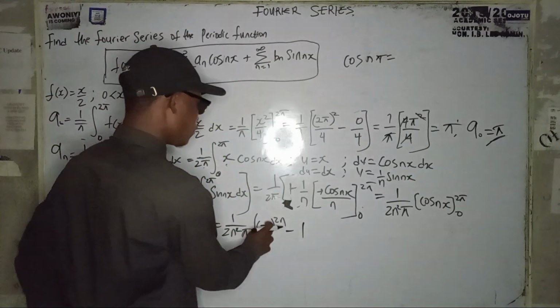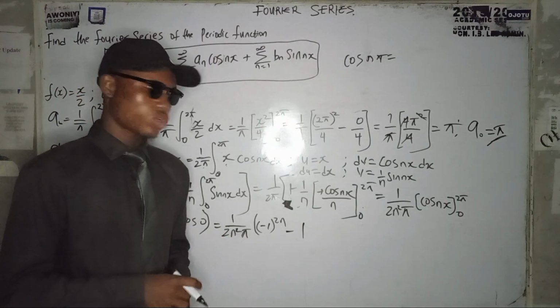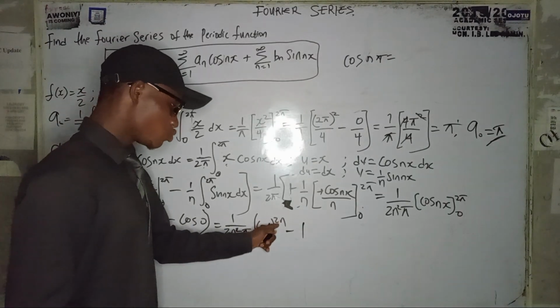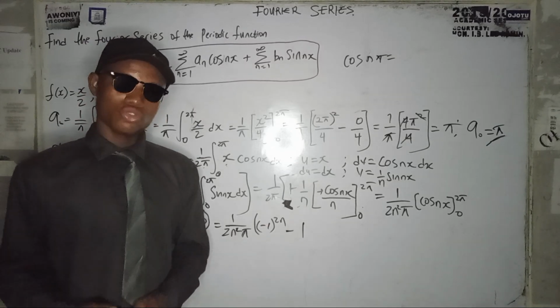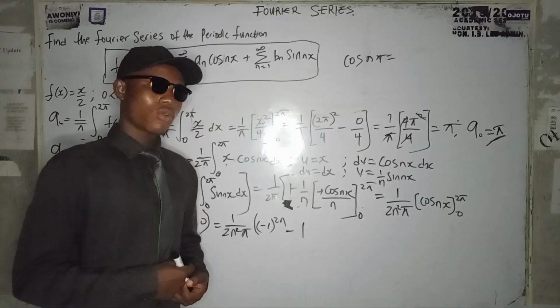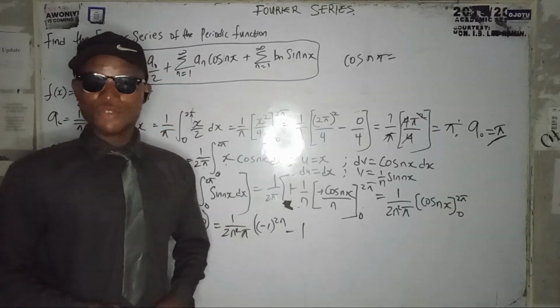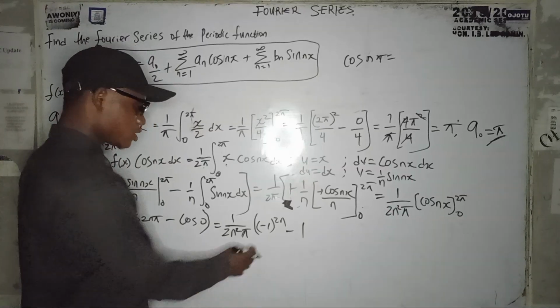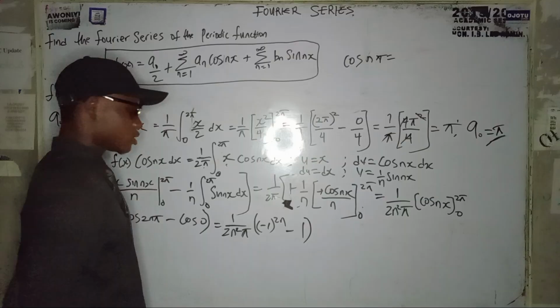So now, if we view this, we have minus 1 raised to power 2 would be the main point here, because even if n is an odd number like 3, 5 or 7, if you multiply by 2, it will still give you an even number. So therefore, this is going to be even at the end of the day. That means 2 here is the main power.